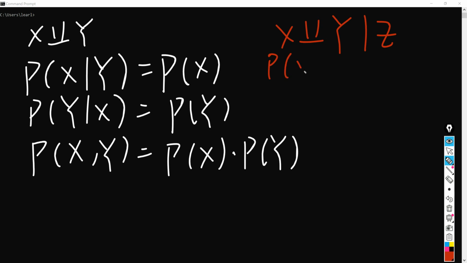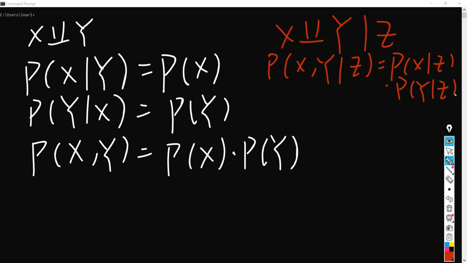First of all, p(x, y | z) equals p(x | z) times p(y | z). The reason is that given the condition of z, x and y are independent.